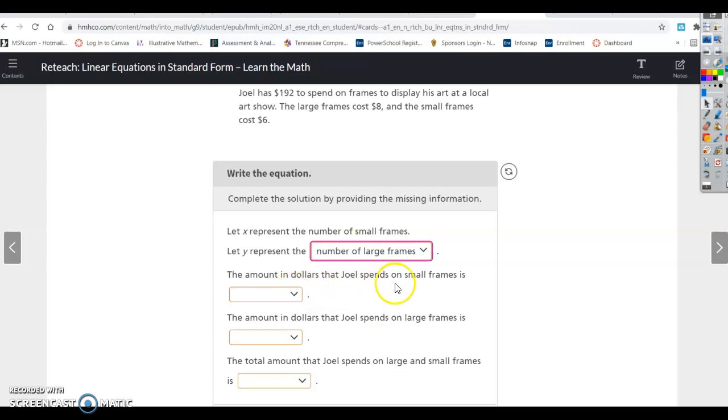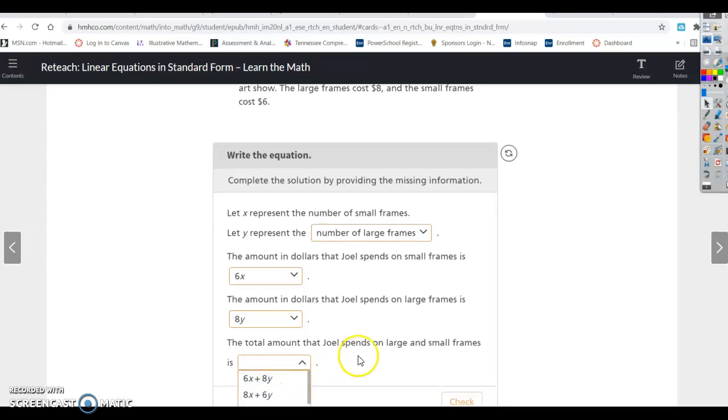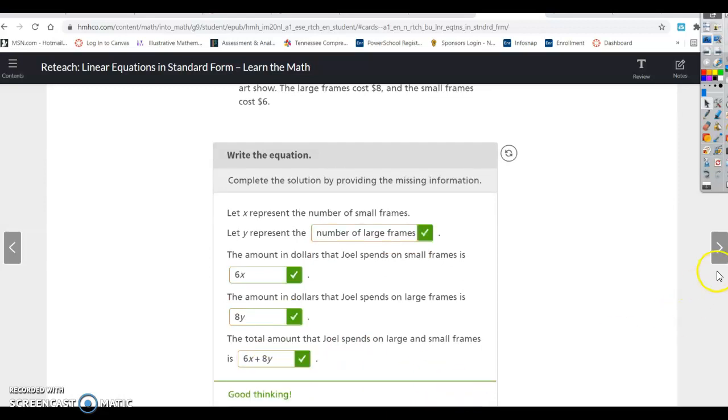The amount in dollars that Joel spends on small frames is 6 times x, since we let x represent the small frames. And the amount in dollars that Joel spends on large frames, again, large was your y, and large frames cost $8, so we're going to have 8y. The total amount he can spend on large and small frames together is 6x plus 8y.